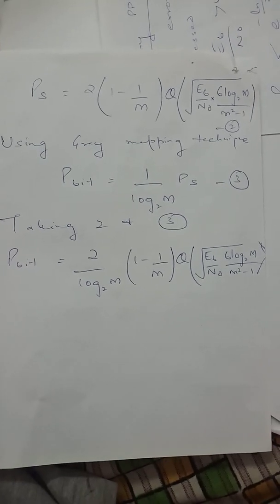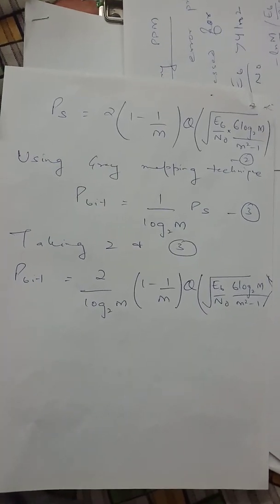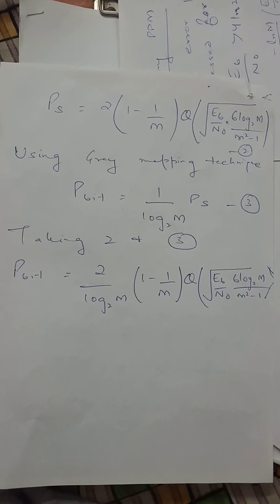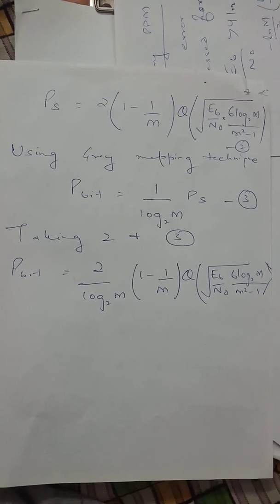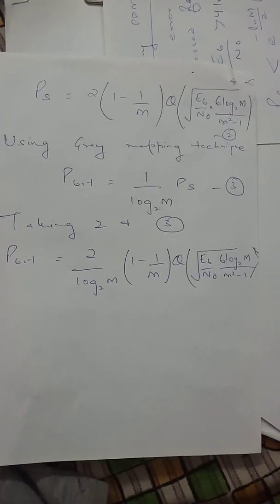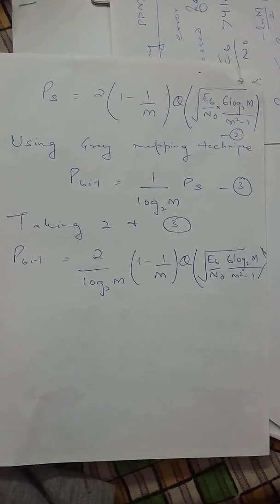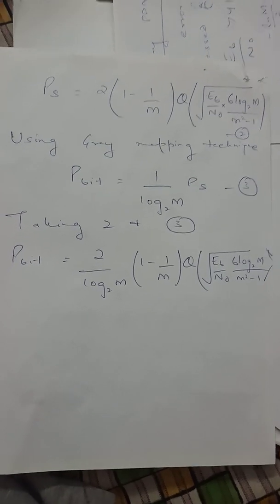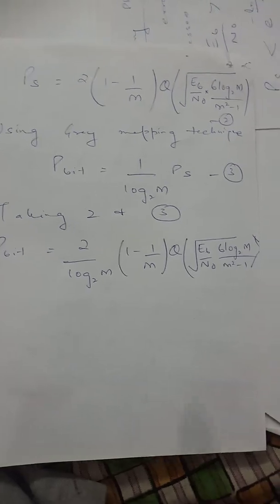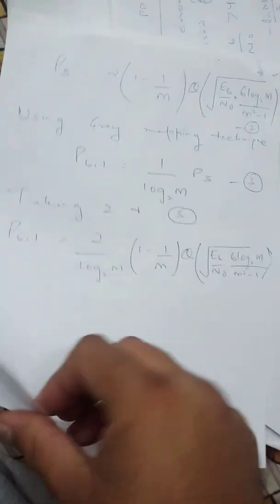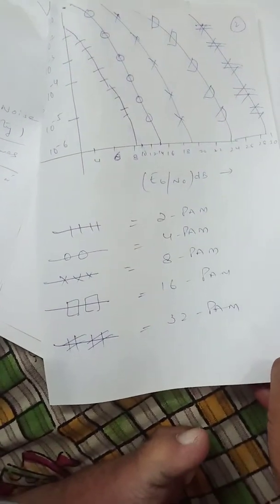If we use the Gray mapping technique that we use for various modulation schemes, then Pbit will be equal to 1 over log to the base 2 of M, times Ps. Taking these two equations, we get the value of Pbit, which is equal to 2 divided by log to the base 2 of M, into this equation. So from this equation, we can plot the bit error rate graph for the PAM system.